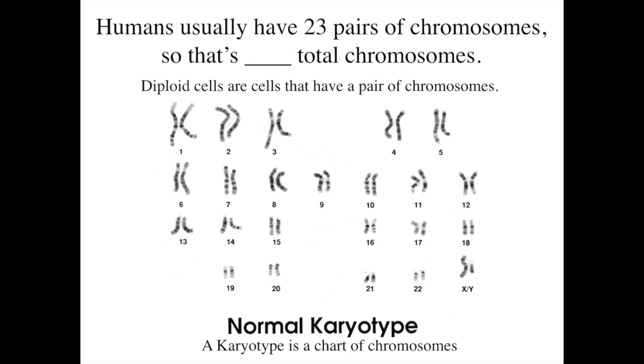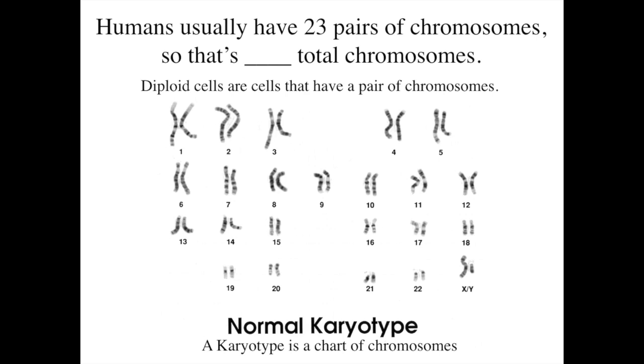Now this is something very important: a karyotype. Look at the bottom of the slide. A karyotype is a chart that shows all the chromosomes. If you look at each of the sets, for number 1 there are 2 chromosomes there. It looks like there's just one X, but it's actually 2 separate chromosomes.